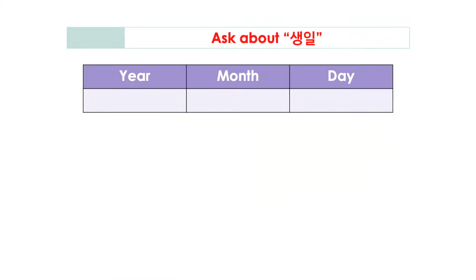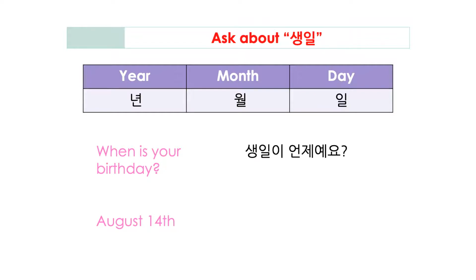So let's just review. I'm hoping that you already asked your study buddy about their birthday. So when you talk about your birthday, 생일, you can talk about your year, 년, and then 월 and 일, right? And when you ask the question, when is your birthday, you can ask 생일이 언제예요? 언제 is the question word, when.